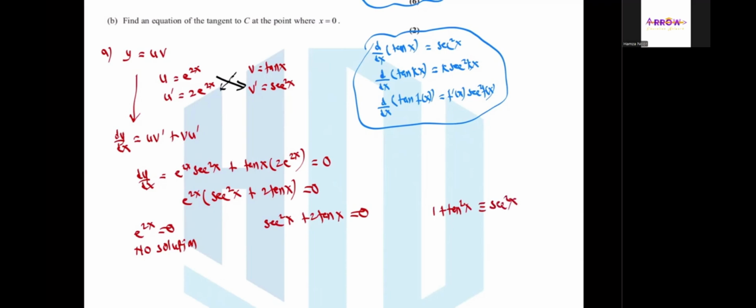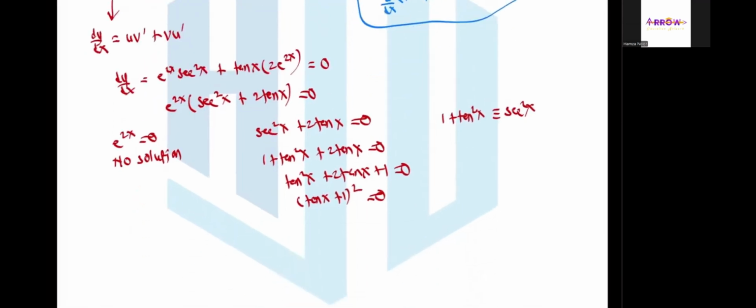Okay, so in place of sec square x, I'm going to write this identity over here, 1 plus tan square x, and then we have plus 2 tan x, and this whole thing is equal to 0. So tan square x plus 2 tan x plus 1 is equal to 0. So here we have a perfect square, as we can identify that this is basically tan x plus 1 whole square, and this is equal to 0.